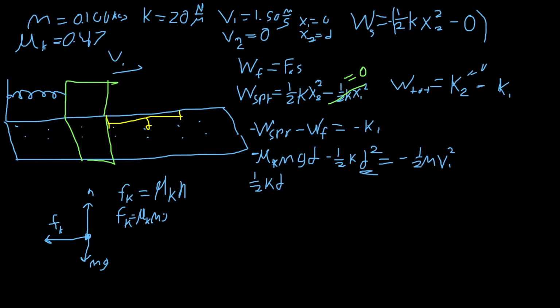You would write it like this, plus this, and then minus one over two mass times v1 squared equals 0. And we'll use our quadratic formula. So d equals, and if you remember, this is B, this is A, and this is C, and the d's are not included. That's what we're finding.